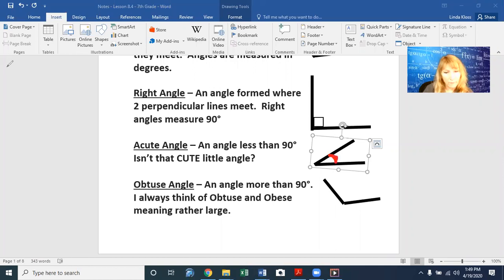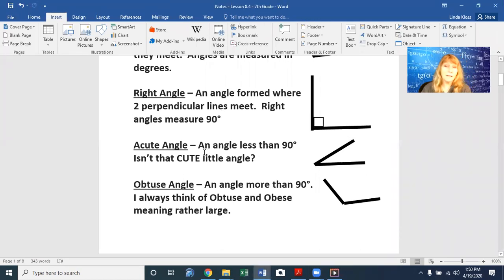Then we have an obtuse angle, and I always like to think of obtuse angles. Obtuse means greater than 90 degrees. I always like to think of obtuse angles as, think about the word obese. They both got the OB in there. You think of an obese person, you think of somebody that's rather large. So an obtuse angle is an angle that is greater than 90 degrees.